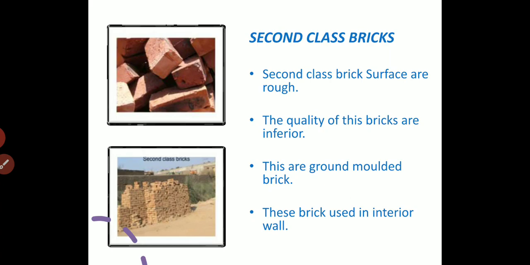The shape is not regular. The surface is also rough and has spots. These bricks are hard and are mainly used for ordinary structures and at places where the brickwork is to be provided with a plaster coat. So these bricks are mostly used for interior work.